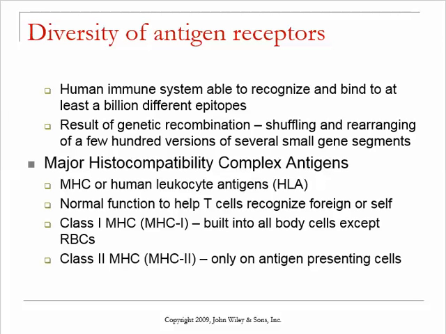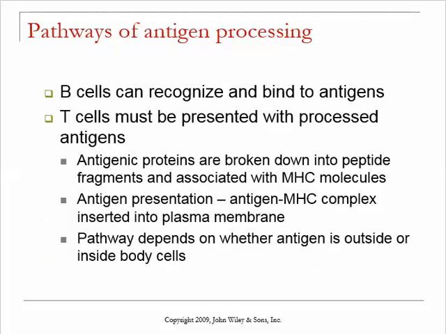Now there's two classes of them. The class 1 is built into all the body cells except for red blood cells. Class 2 is in a special type of cell called an antigen presenting cell, and we're going to see the difference between them shortly. But class 1 MHCs are the ones that are just about everywhere.